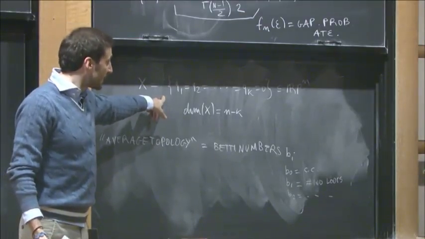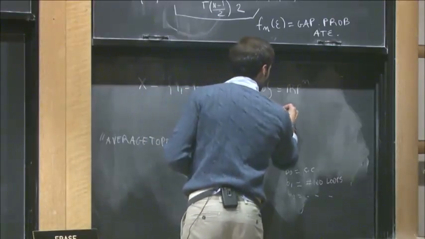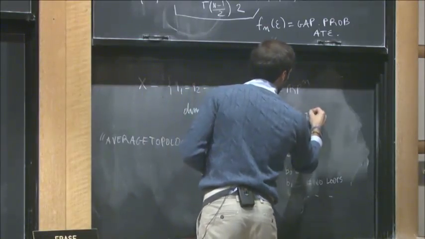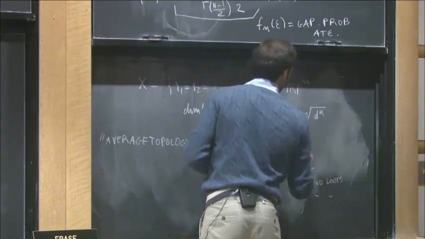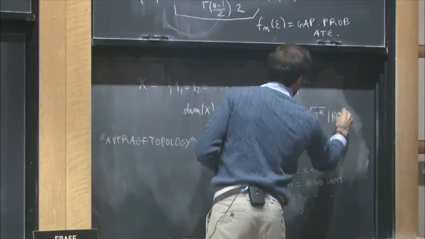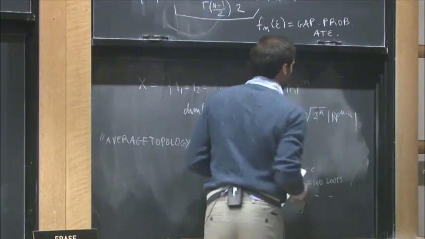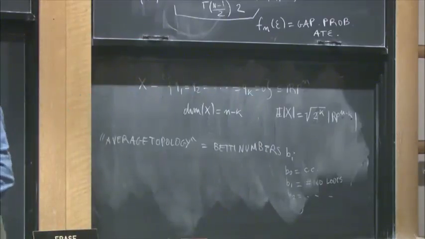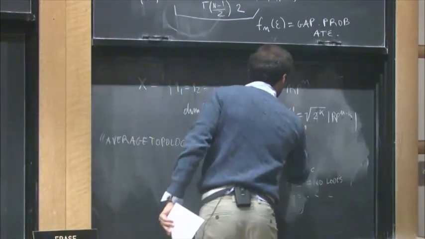It's the expectation of the volume of this. It's just going to be square root of 2 to the power k, times the volume of RP n minus k. And if you just take now n equals k, you get this case. This is a Shub and Smale result.